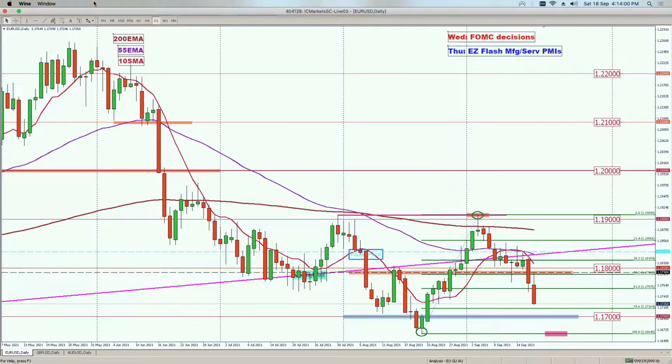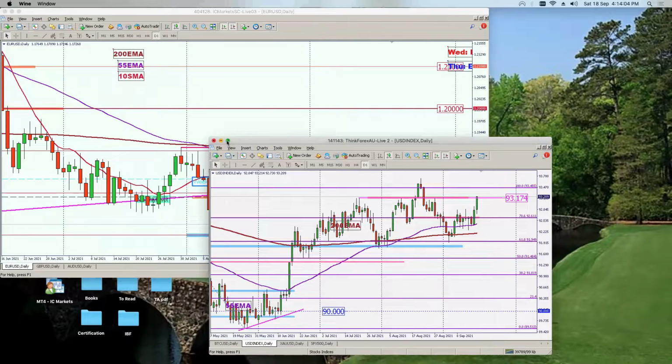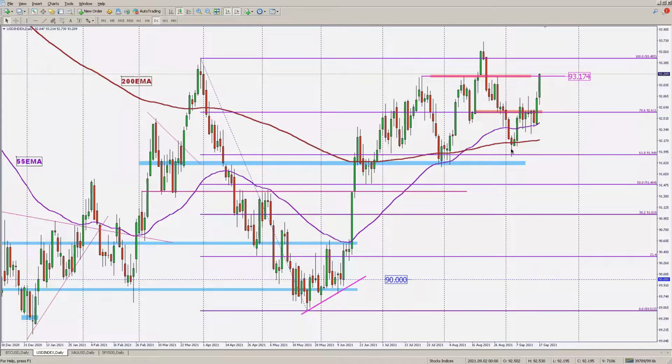Let's take a look at the US dollar index, which has obviously risen and broken through the resistance that we highlighted last week at this 76 Fib retracement, and is supported by the daily 55 EMA. So this has now turned to support.